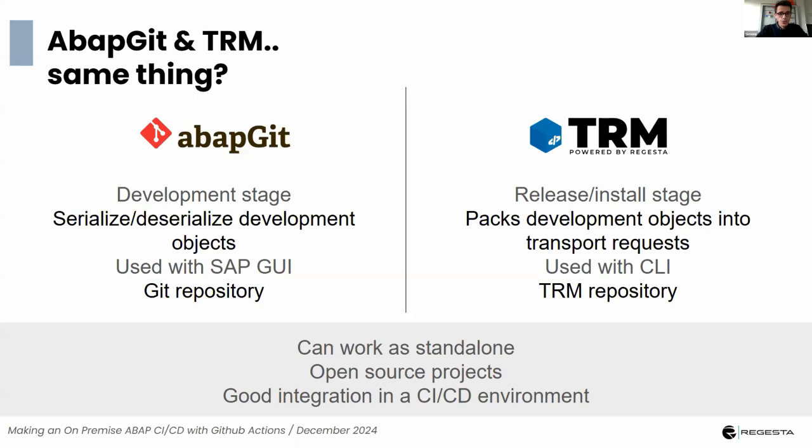Then again, you could use abapGit for release and deploy, but in my opinion, and I think that's the philosophy behind it, it's not built for the release and deploy stage, because it's just missing some things that do not fit that stage. But it's fantastic for the code stage. Another difference is that abapGit uses the SAP GUI, while TRM is a CLI project, and abapGit uses a Git repository while TRM uses a TRM repository.